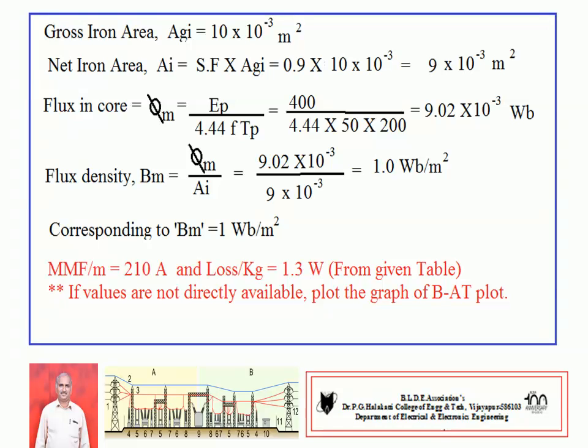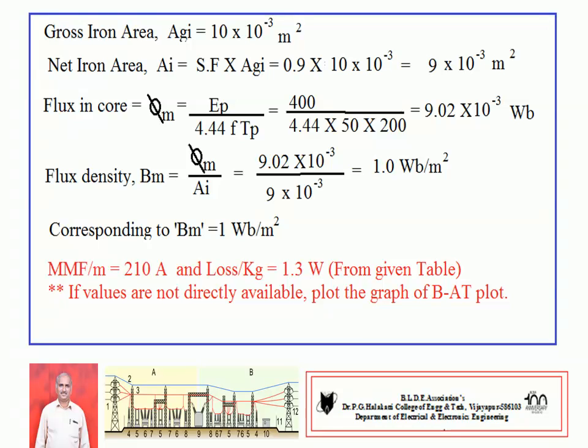So I told you to plot the graph. Corresponding to this value, flux density of 1 Weber per meter square, the mmf per meter is 210 ampere, and on the y-axis, the other component, loss per kg, is 1.3 from the graph.